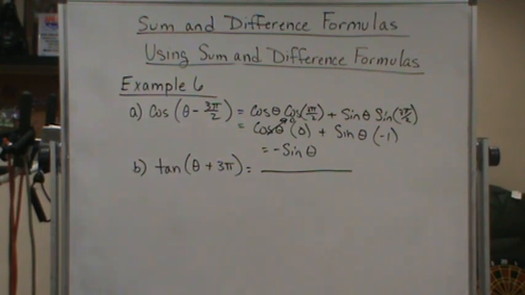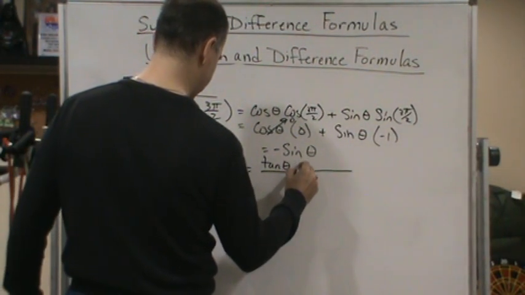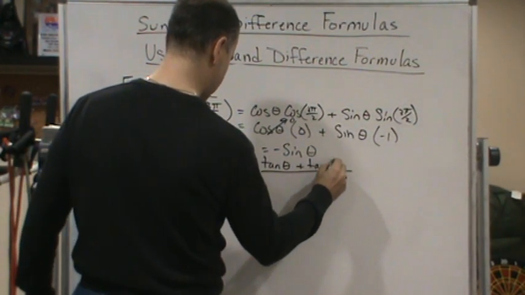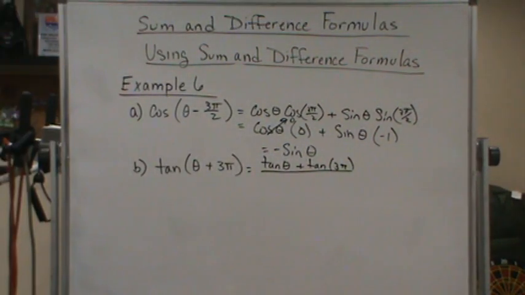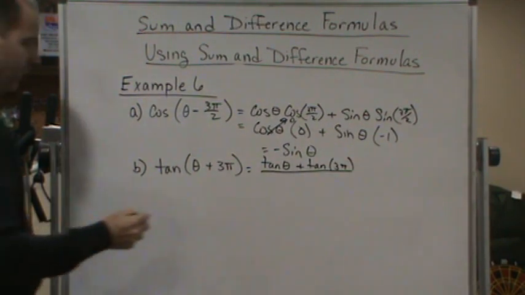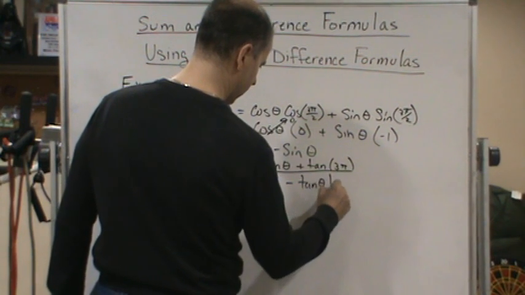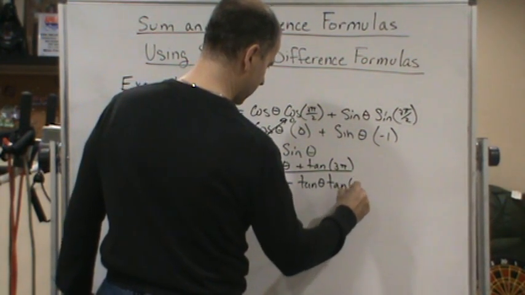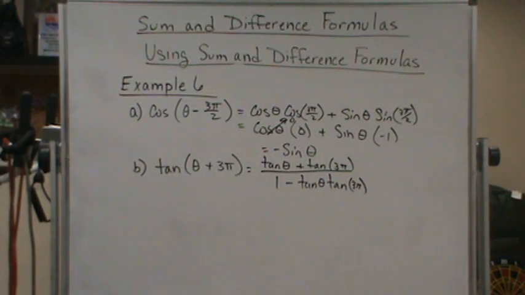So it's going to be tangent theta plus tangent of 3 pi, and on the bottom, 1 minus the product of tangent theta and tangent 3 pi. With tangent, you just got to figure out a nice mnemonic way of memorizing these.